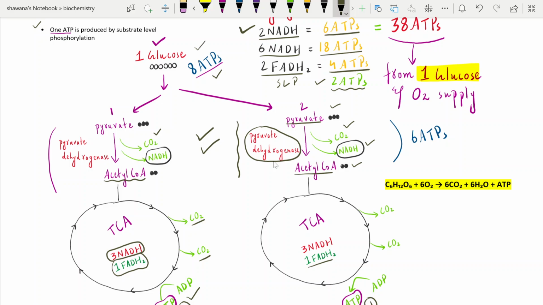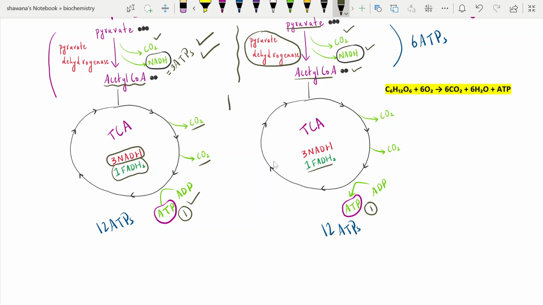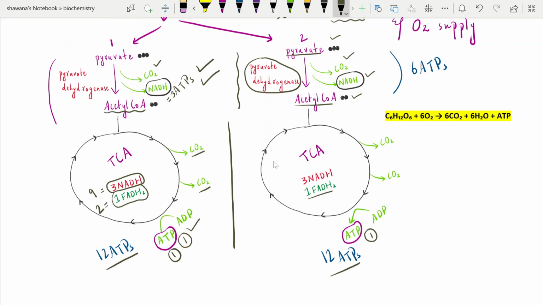From conversion of pyruvate to acetyl CoA, from one side there will be 3 ATPs because one NADH is there, and from 2 there will be 6 of course, and from one tricarboxylic acid cycle there will be 12 ATPs, but we are talking about 2, so there will be 24. So how will there be 12? Because it's 3, so 3 threes are 9, and 2, 9 to 11, and 1 here from the substrate level phosphorylation, so there will be 12 ATPs from one Krebs cycle.